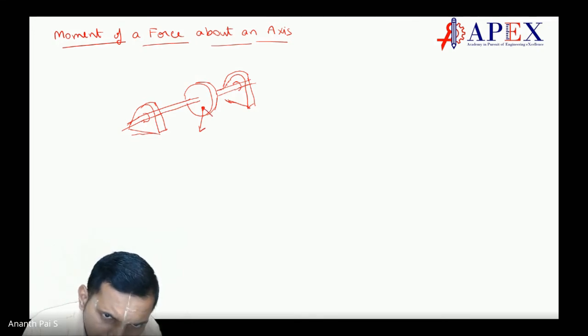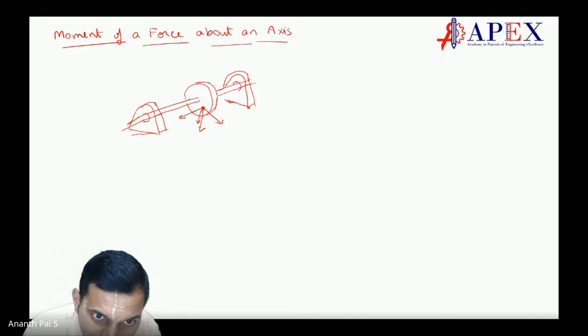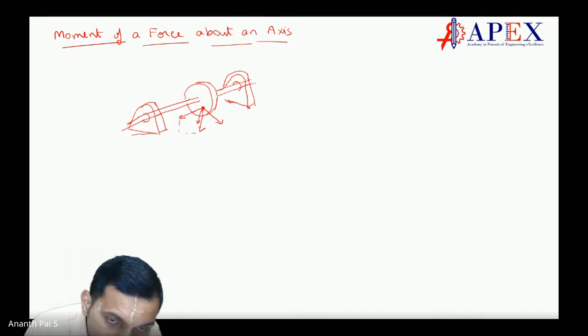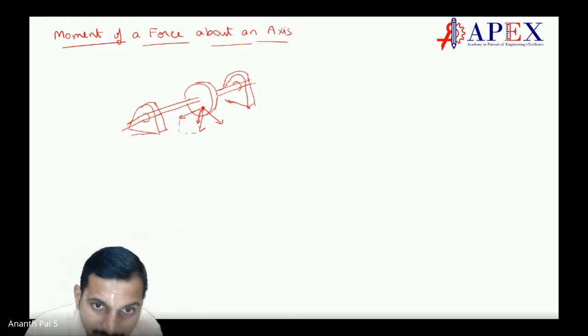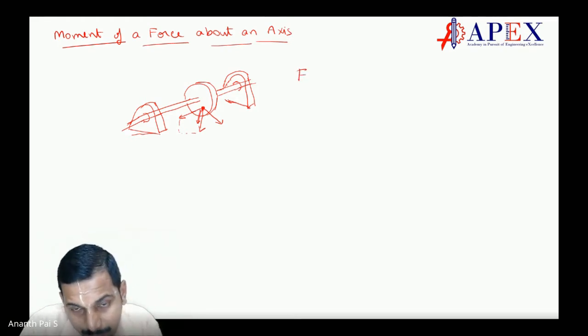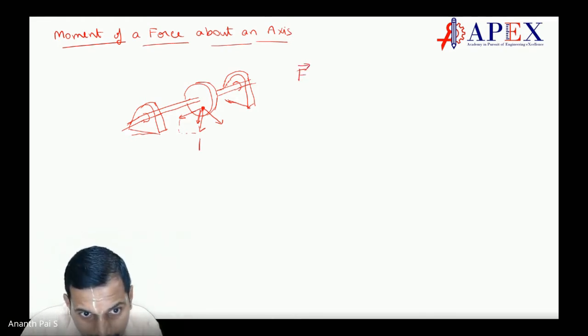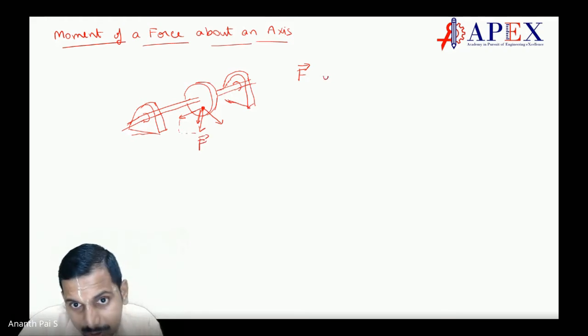Three sides you can have, correct? This will form a parallelepiped. So there are three directions a force can act, so force F will have three components.